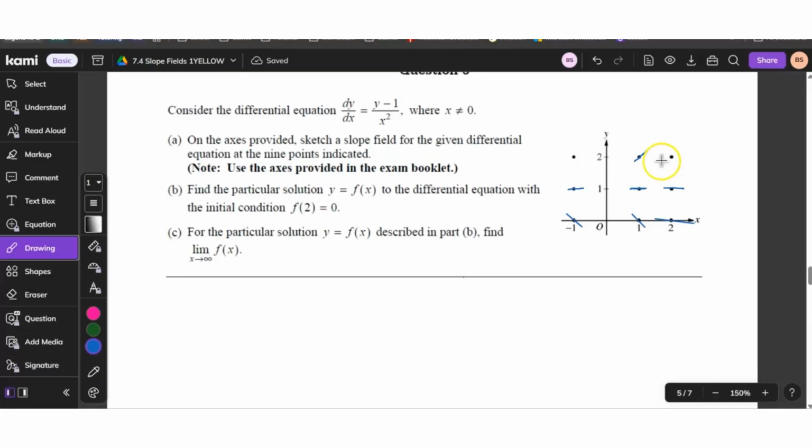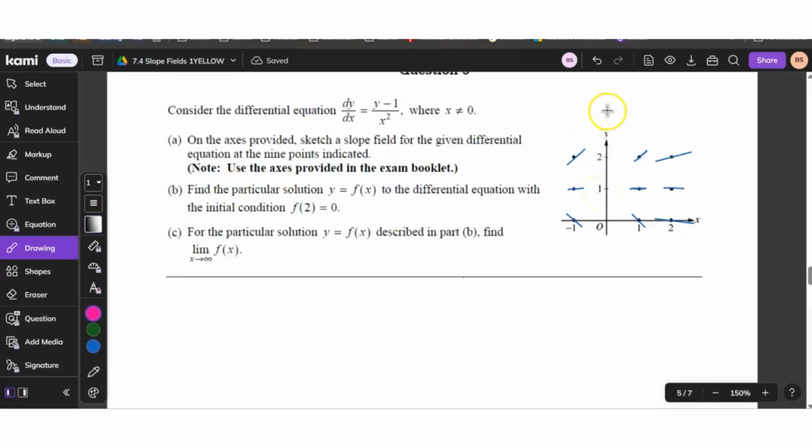So that one's going to be positive 1/4, which is a really shallow line. Then we put in negative 1 for x, which isn't going to matter. It's just 2 minus 1, which is 1, over negative 1 squared, which is 1. Amazing, look at us go.